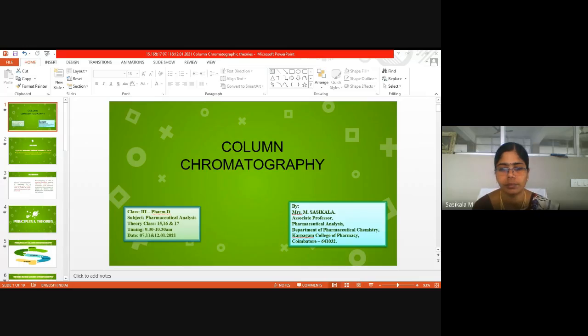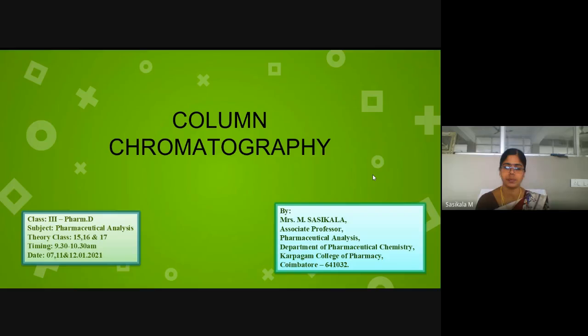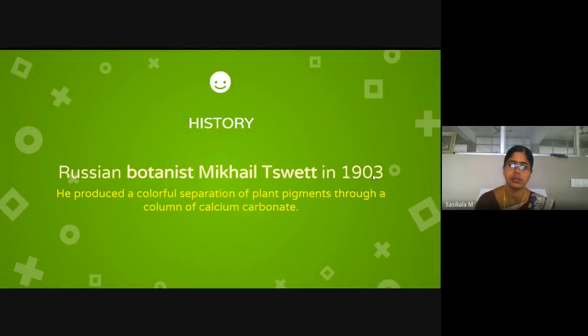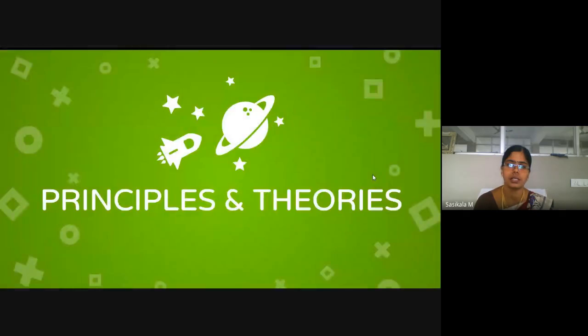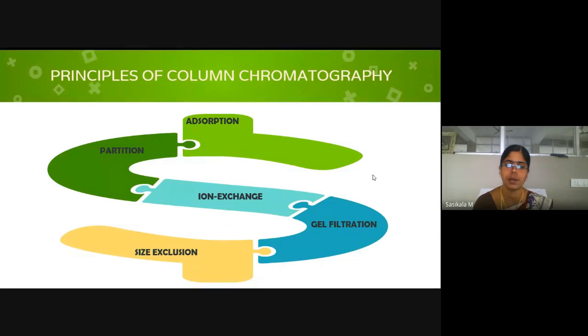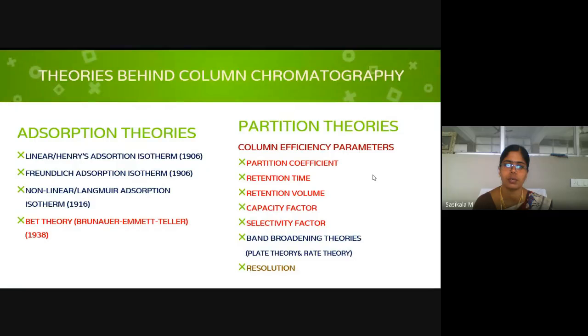Thank you, ma'am. We'll start with today's class, the remaining parameters of partition theories. So we have seen the history, principle, and theories of column chromatography. Under that, we are discussing adsorption and partition theories, where we have completed adsorption theories: linear, Freundlich, nonlinear, and bed theory.